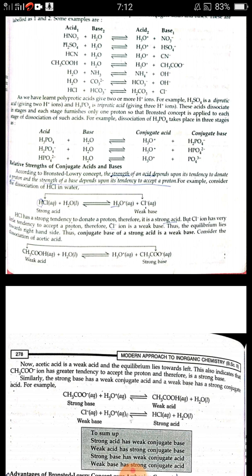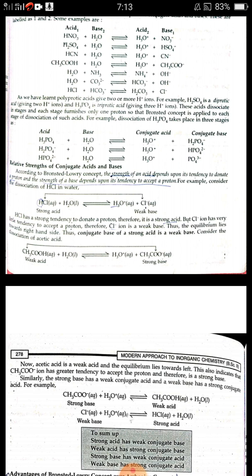Then we talk about the relative strength of conjugate acids and bases. According to the Bronsted-Lowry concept, the strength of an acid depends upon the tendency to donate a proton, and the strength of a base depends upon the tendency to accept a proton.